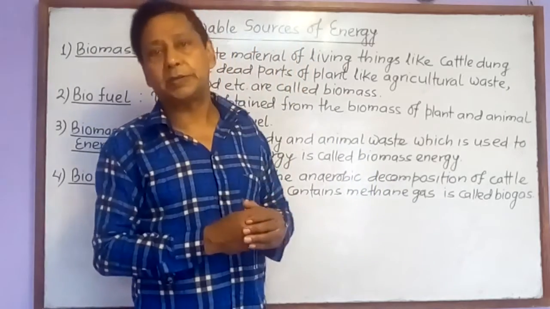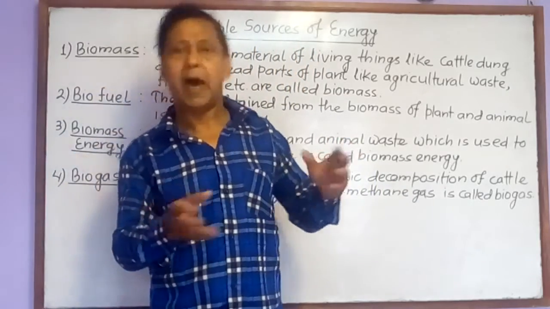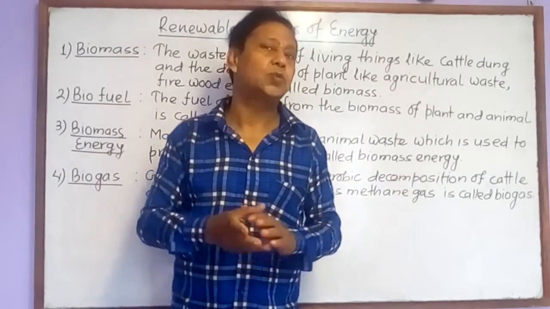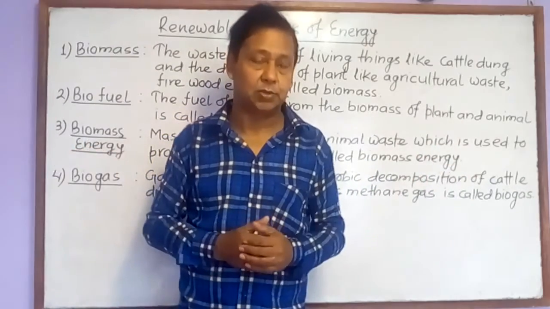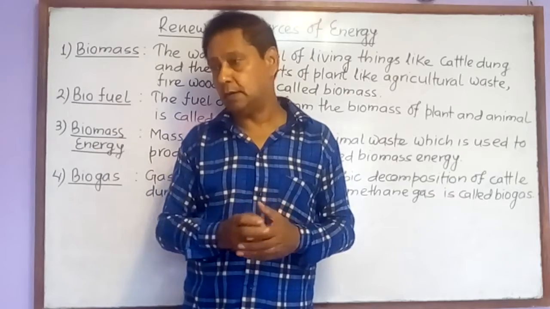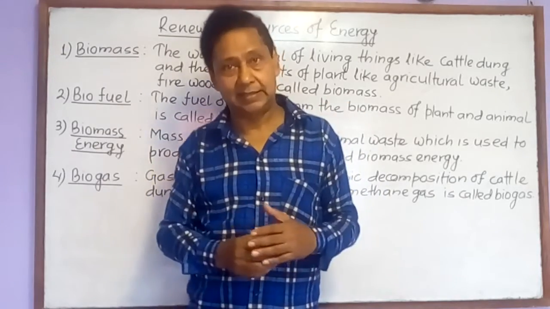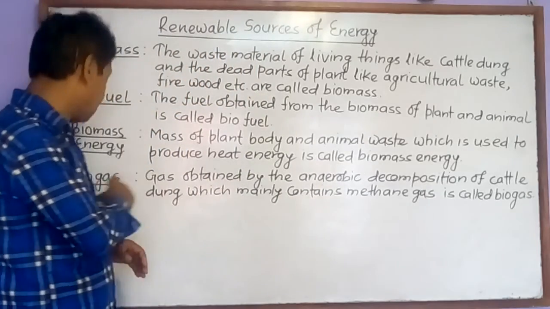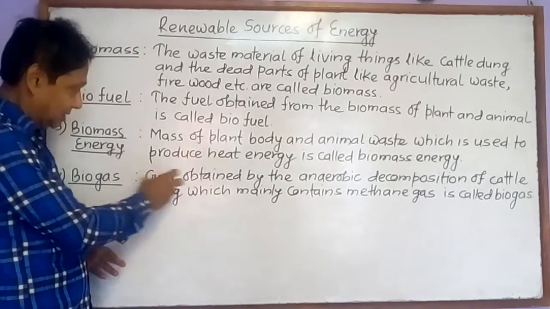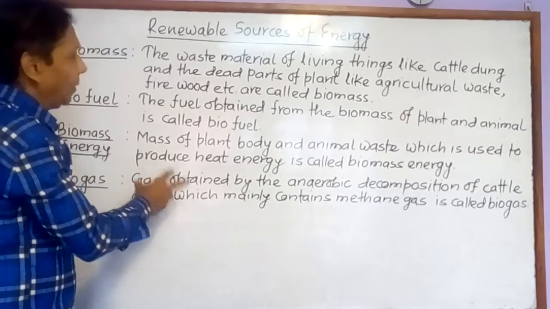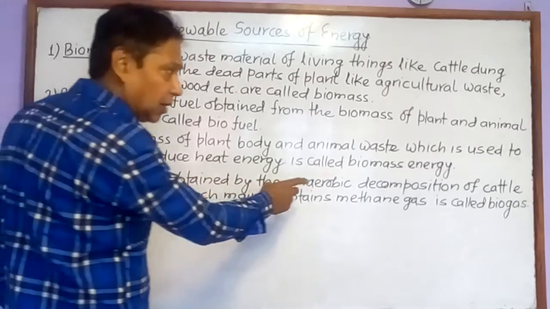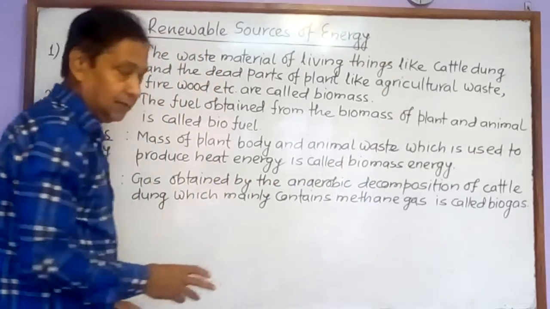Now the third biomass energy is biogas, which is commonly called gobar gas also, which is actually methane gas. If we have to write about biogas, we can say this way: gas obtained by the anaerobic decomposition of cattle dung.